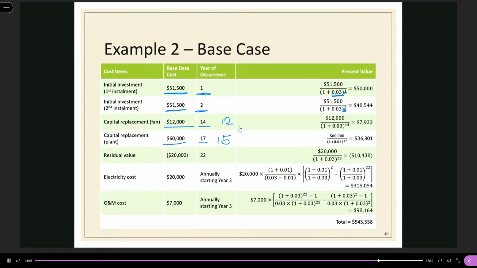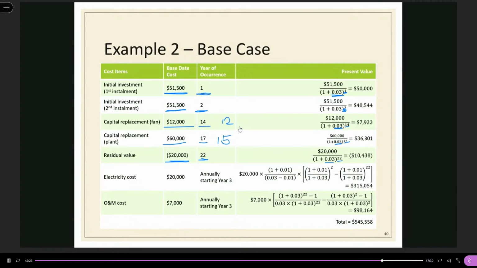So on the 14th year, on the 17th year, and this is the real discount rate. The residual value is 20,000, so we will get 20,000 at the end of the 22nd year, discounted at the real discount rate.